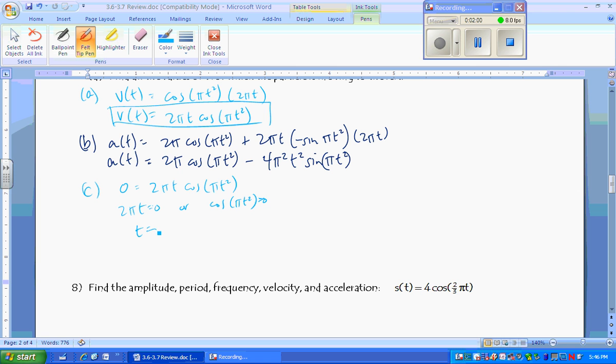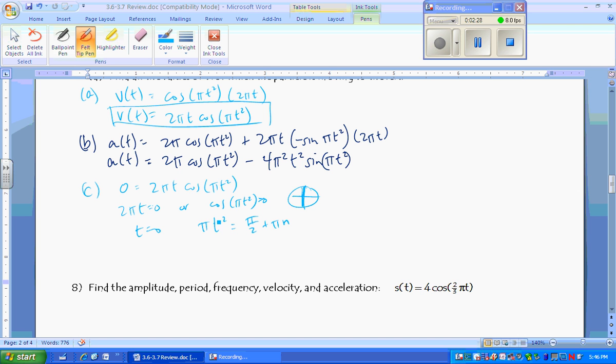So over here we get t equals 0. Over here we want to know when the cosine is 0. Cosine is 0 at pi over 2 and 3 pi over 2. Or we can say that it's pi over 2 plus pi n. Right, add pi. Continue to find coterminal angles that work.